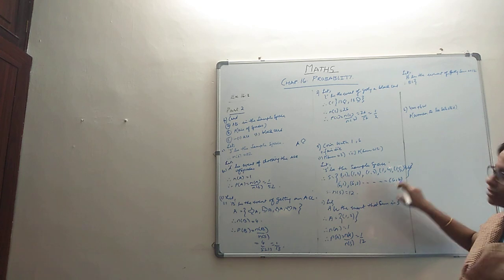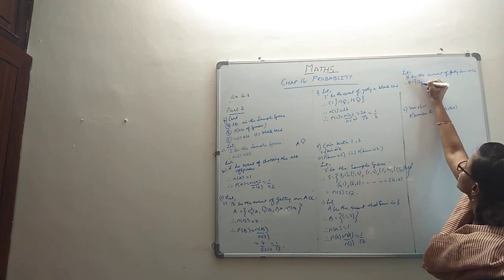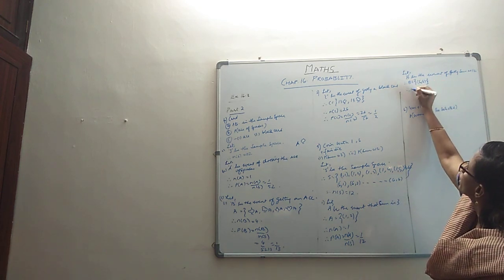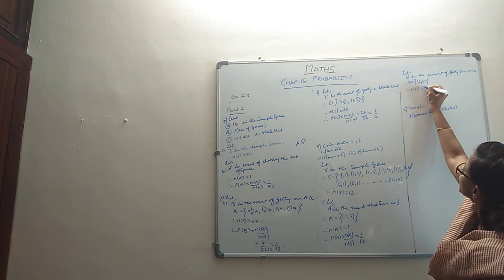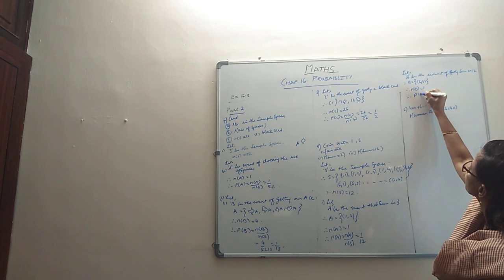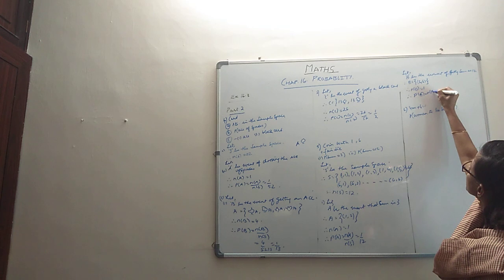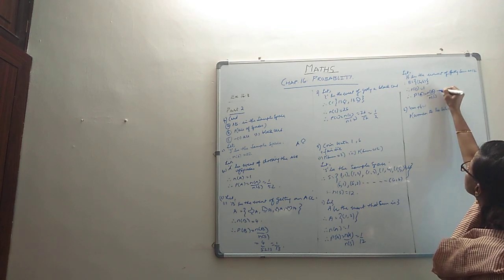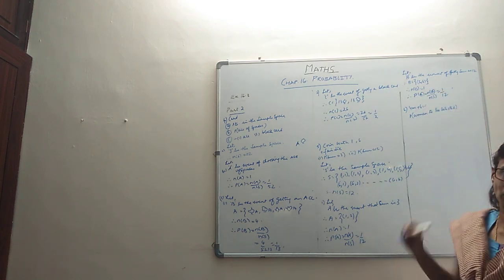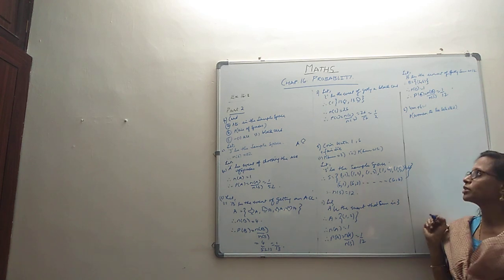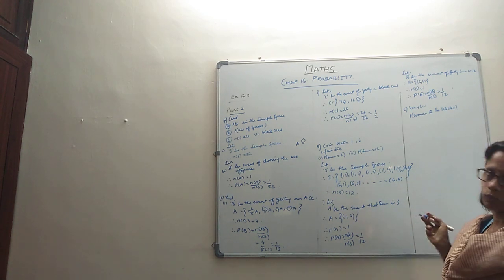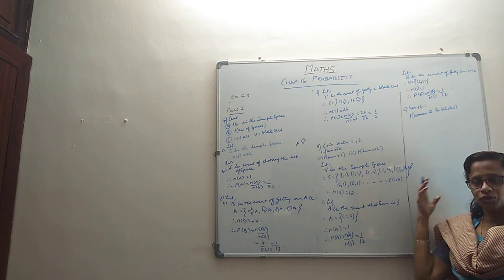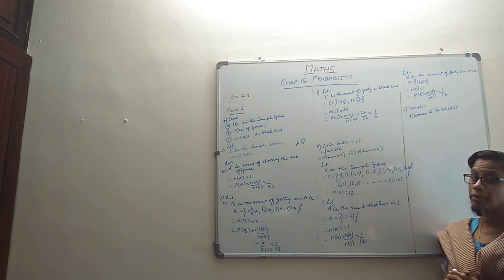Finally here it will be 12. Here also it's only one case. So n of B is 1. P of B is n of B by n of S, that is 1 out of 12. Right. So that's about problem number 5.